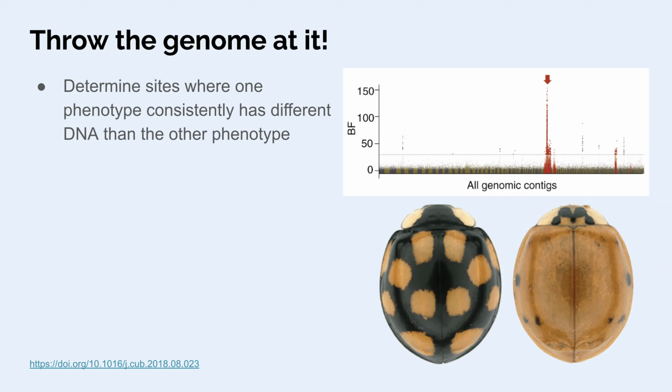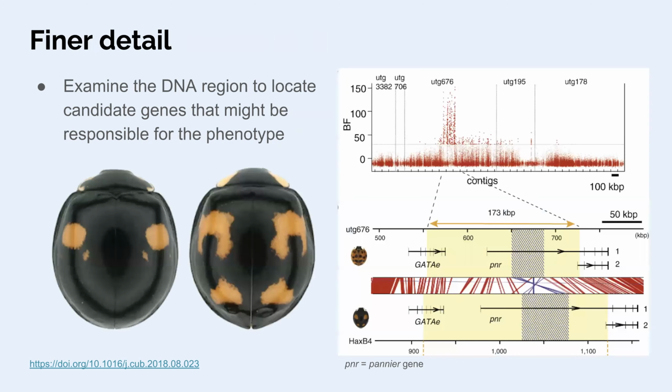So you'd see this difference. It's often a binary split of yes, has it, or no, doesn't have it. And you're looking for locations in the genome that have a pattern that matches the phenotypic differences.